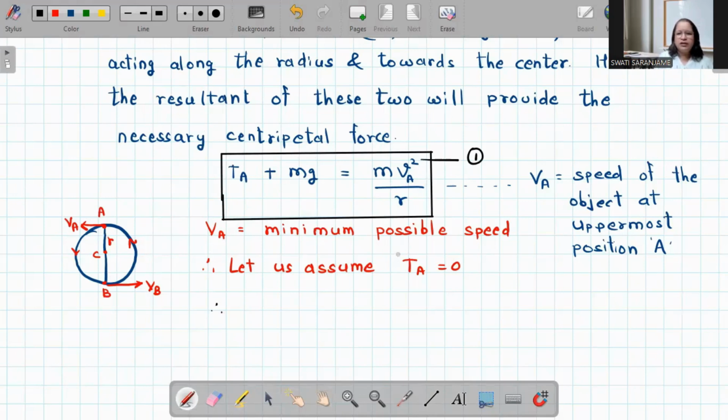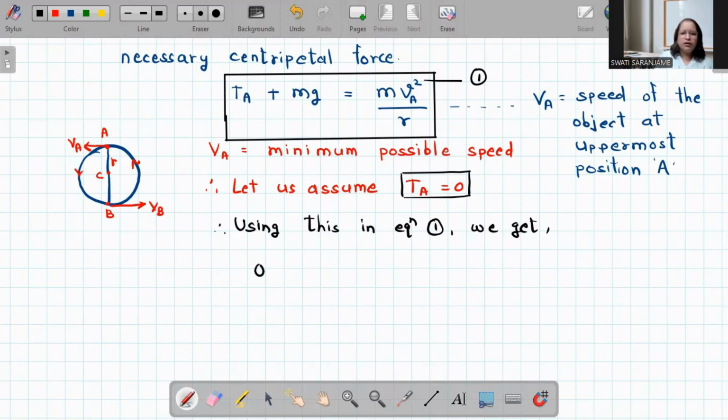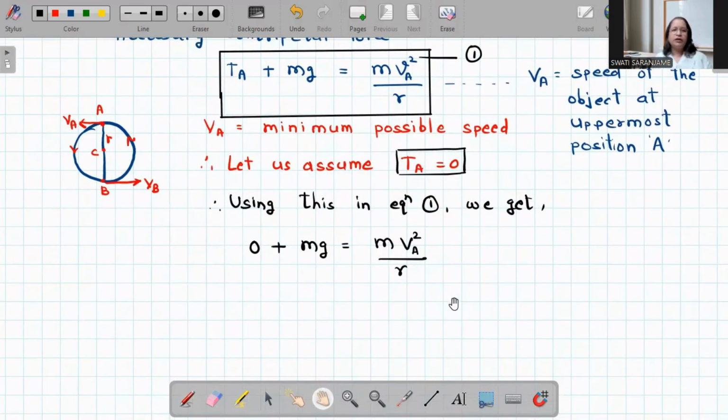Therefore, with TA to be 0, if we use this in equation 1, we get, if I substitute in place of TA, 0 plus mg, which is m va square by r. Don't forget this suffix a. Many students forget to write that, and it would get confusing about which position you are finding the speed.